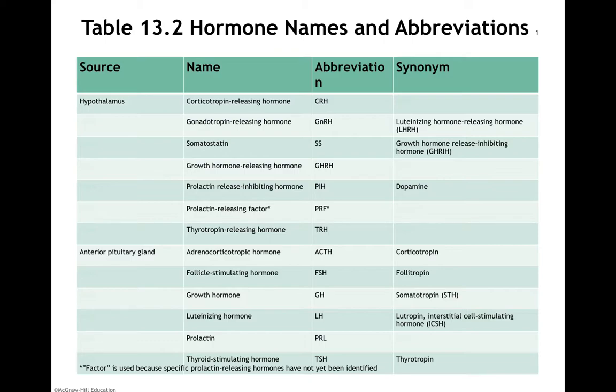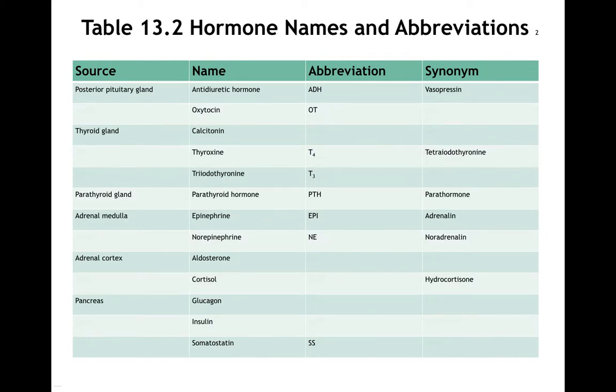Then we have the pituitary gland, thyroid gland, parathyroid, adrenal medulla, adrenal cortex, the pancreas.